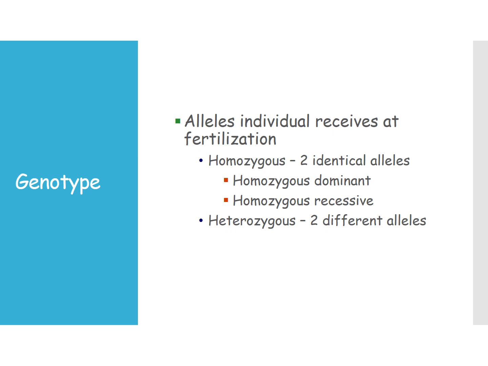A trait can be inherited as homozygous dominant, where you receive both dominant alleles, or homozygous recessive, where you receive 2 recessive alleles. If an individual inherits 2 different alleles, one dominant and one recessive, that's referred to as heterozygous, hetero meaning other.